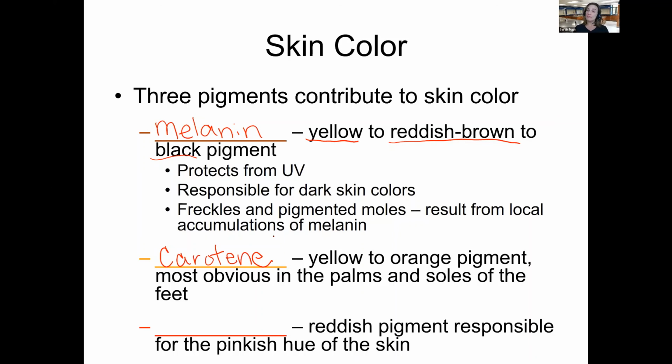When you eat foods that are rich in beta carotene, right, sweet potato, squash, carrots, anything that's orange in color, then you will accumulate more carotene in your body, which is an orange pigment. If you eat a lot of carrots, you might notice that your palms have a little more orange tint to them.